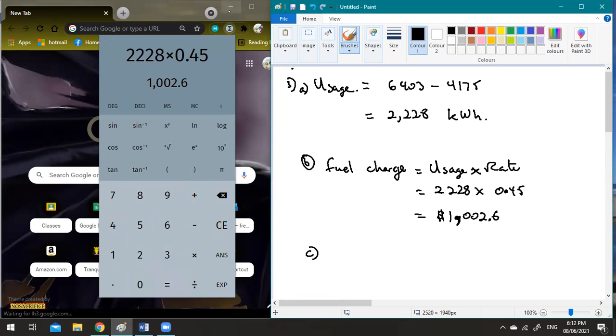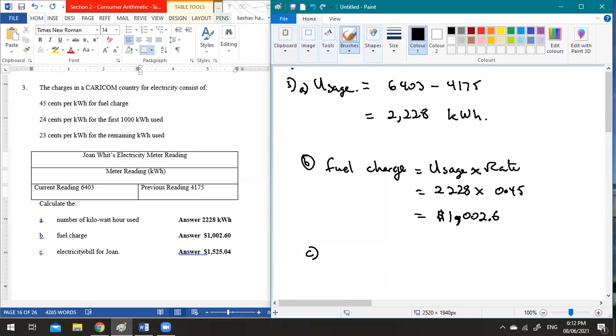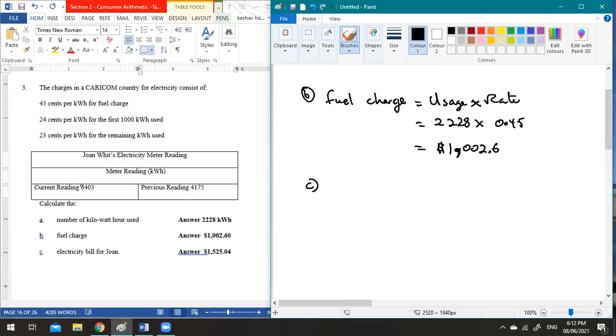Part C, the electricity bill for June. Now, when they want the electricity bill, they want the total amount, right? They want how much we're being charged based on how much we use. So for the first 1,000 kilowatts per hour will be the usage by the rate.